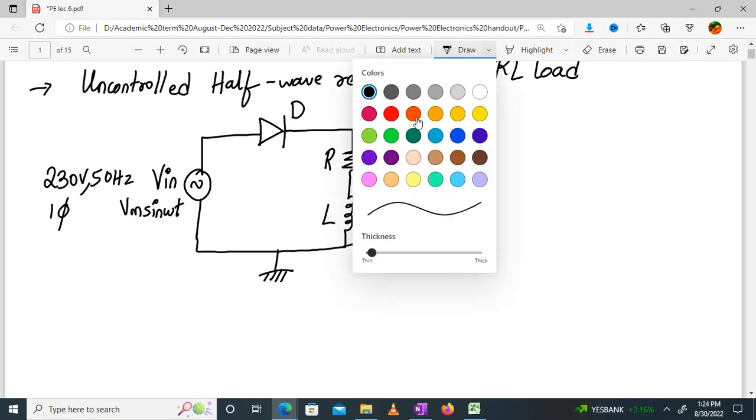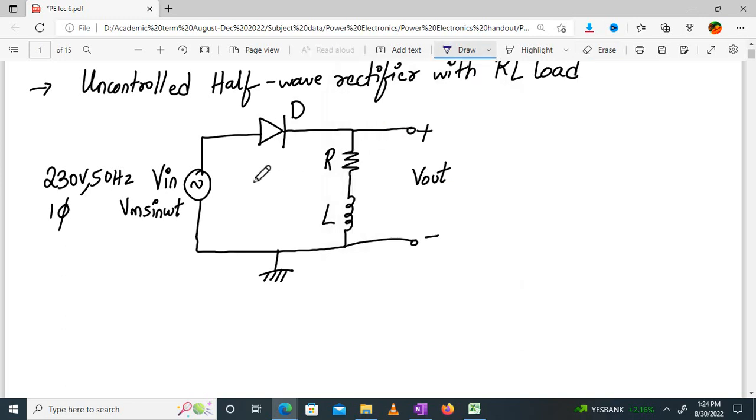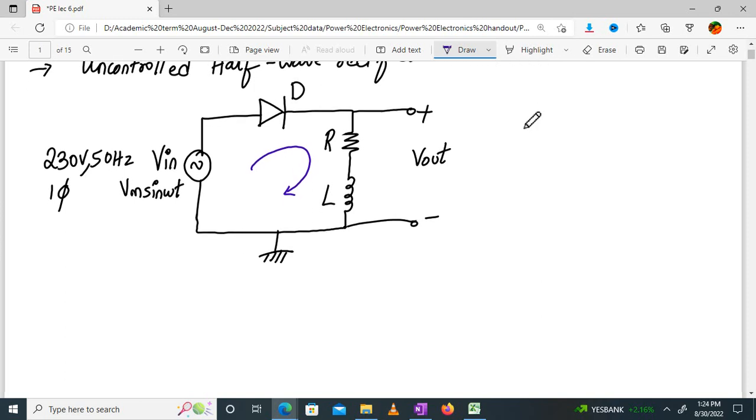Now, the explanation of this circuit might be very simple. When the diode turns on, it acts as a short circuit, so Vout will be equal to Vin, right? And when the diode is off, in a negative half cycle, the output will be equal to 0. Correct? It seems simple, but it's not that simple. It's slightly complex with the RL load. So listen very carefully over here.